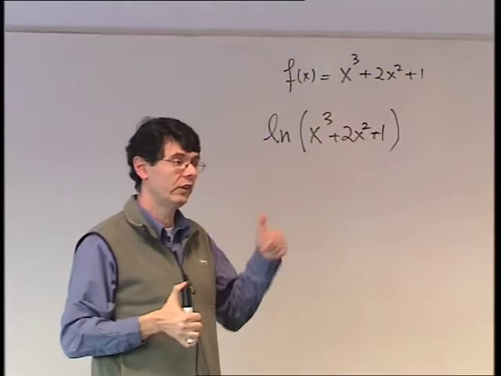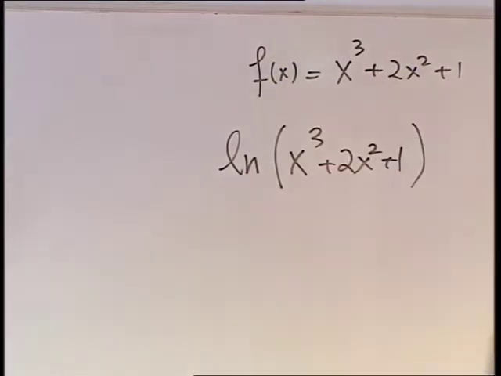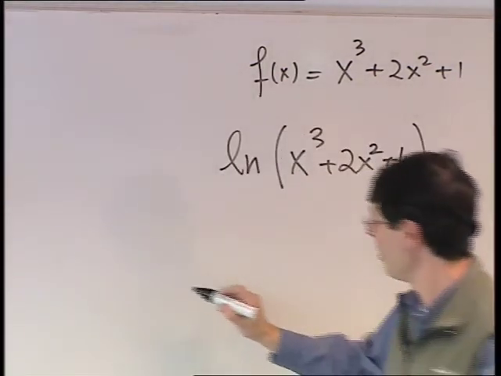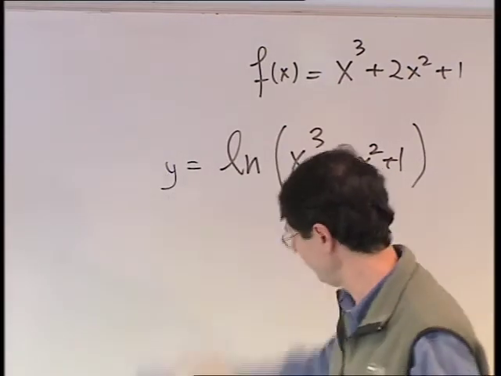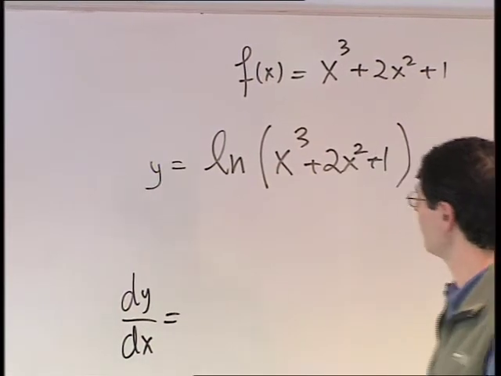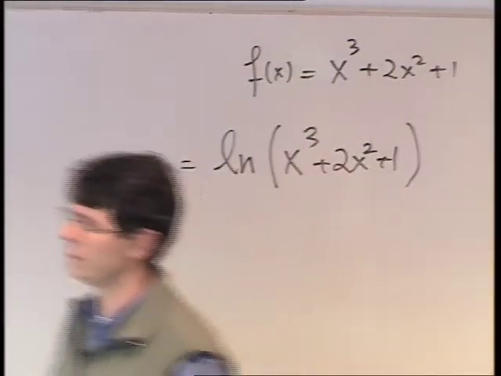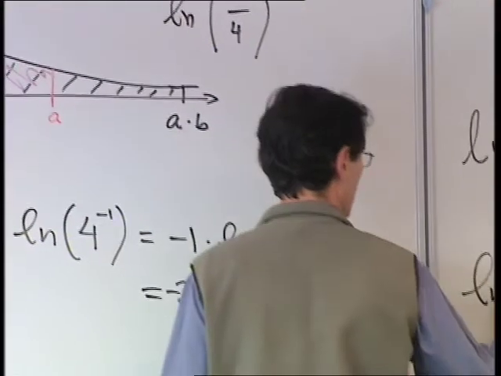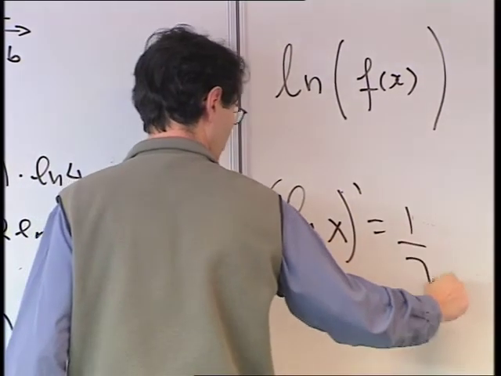And the question is, what's the derivative of that? You have to use the chain rule here. Okay? And it tells you the following. I can call this y. So dy dx is the derivative of log. The derivative of log is 1 on x, right?